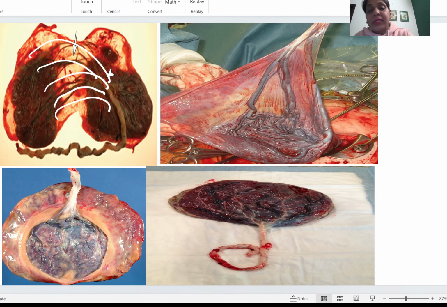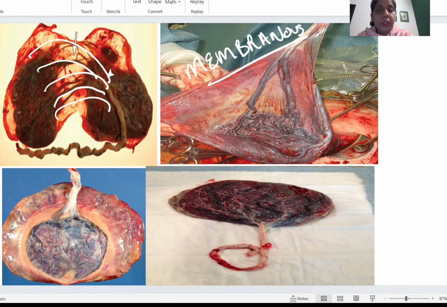This is the membranous placenta. What is membranous placenta? You all know that the umbilical cord is made up of three vessels and Wharton jelly enveloped around them.